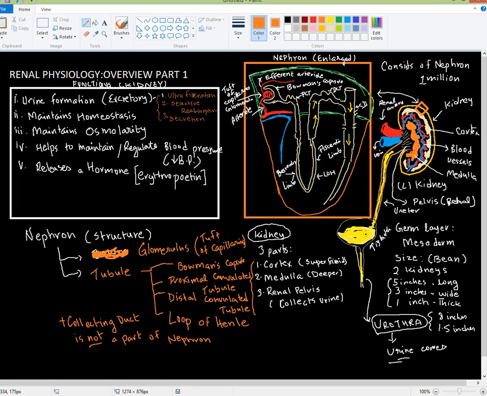Second is homeostasis. Let's define what homeostasis is. I don't have room to write the definition here, but I'm going to talk about it. Homeostasis is something our body does to maintain an adequate internal environment, so the bodily and physiological functions can work properly.